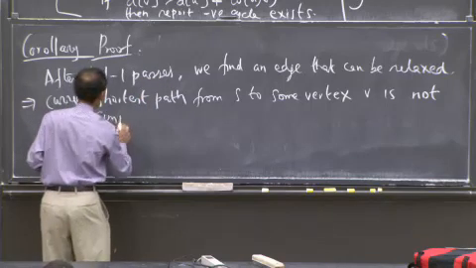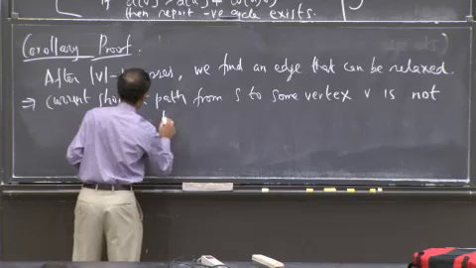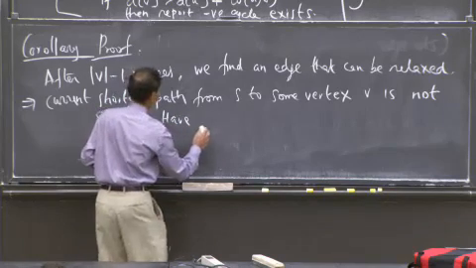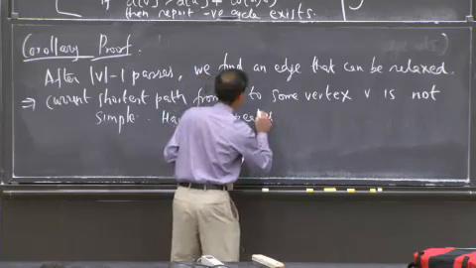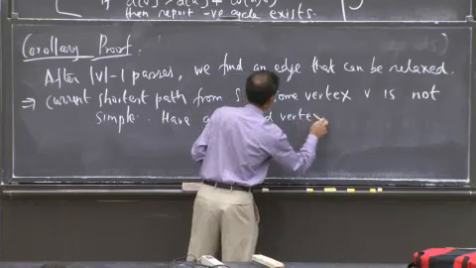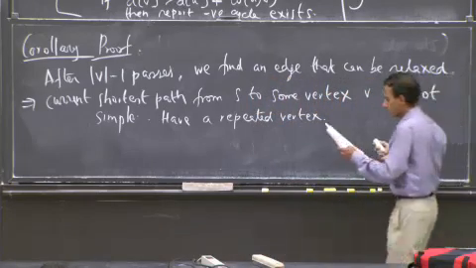Once I've relaxed this edge, because I have a repeated vertex. Right? So that means if I have, it's not simple to have a repeated vertex.